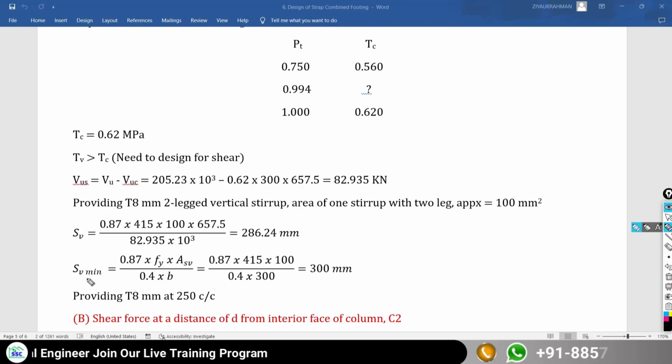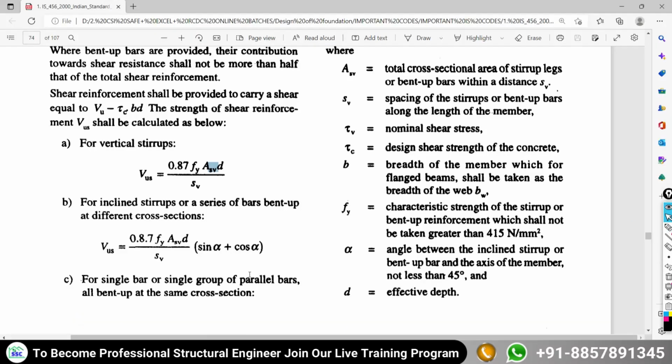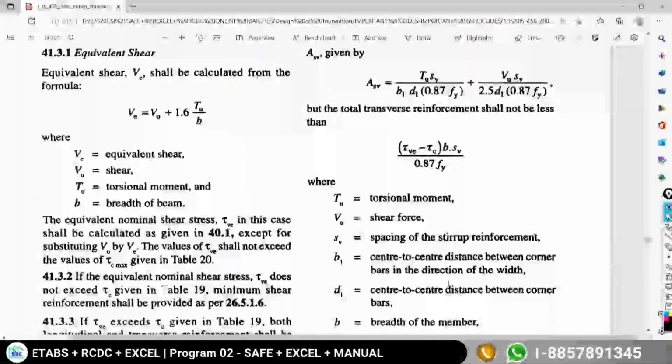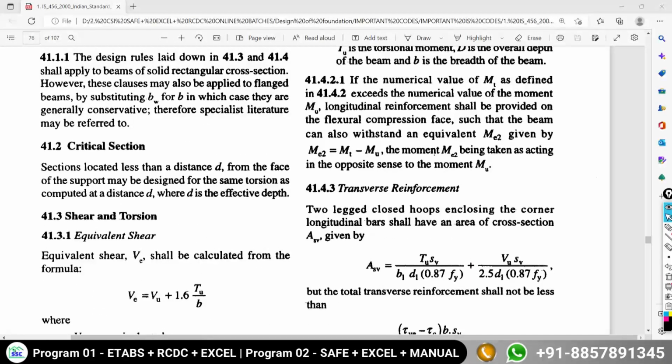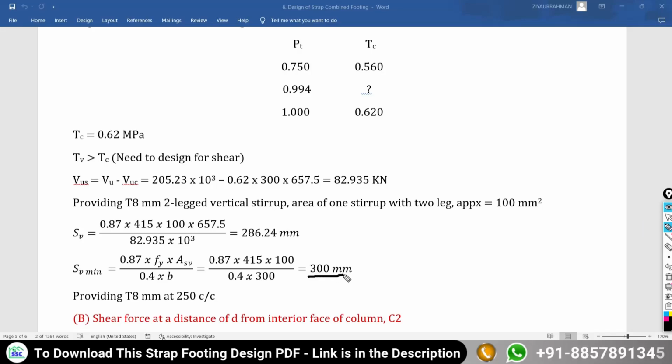Then how much minimum shear reinforcement do you need to provide? For that, 0.87 Fy is also given in your IS 456 for minimum shear reinforcement. Let me show you. In the same place you can find the minimum shear reinforcement: ASB divided by 0.4 into B, with 0.87 Fy, giving the value of 300 mm.